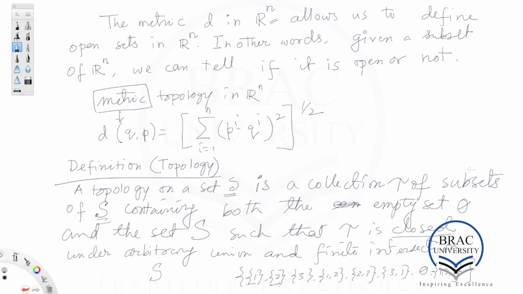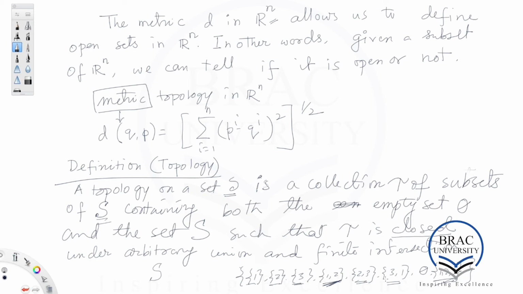So take {1}, {2} and {3}. Their union {1,2,3} is also there. You take {3} and {1,2}. Their union is {1,2,3}. This is again here. You take {2,3} and {3,1}. Their union is {1,2,3} again, which is also in this collection. You take {1} and {2} only. Their union {1,2} is there as well. So it is closed under union of an arbitrary collection. There are not many choices here, so arbitrary is probably not the correct word here. Well, it is of course the correct word, but it's more restrictive in this case.